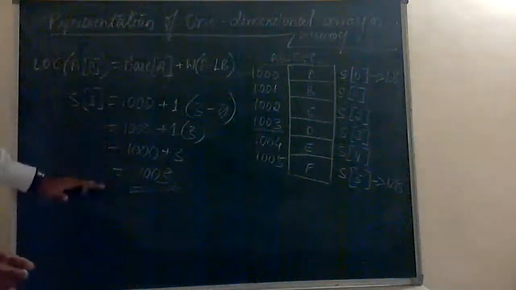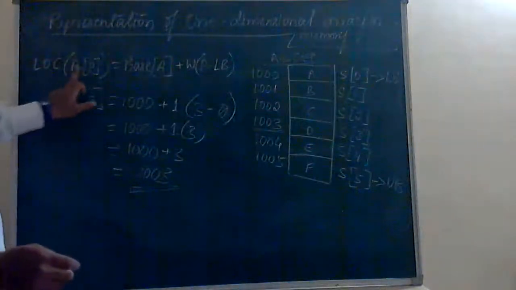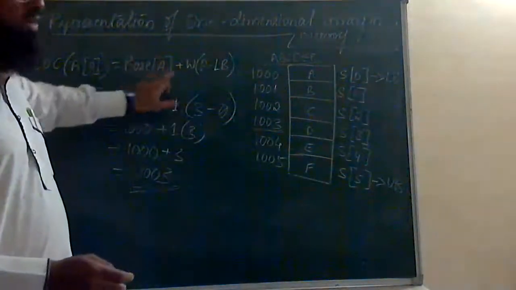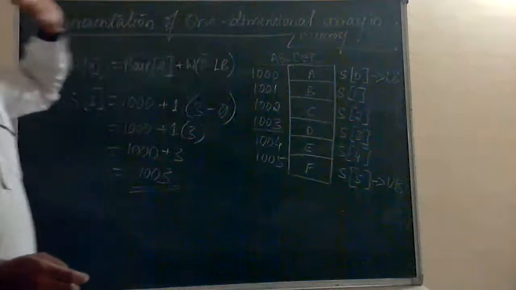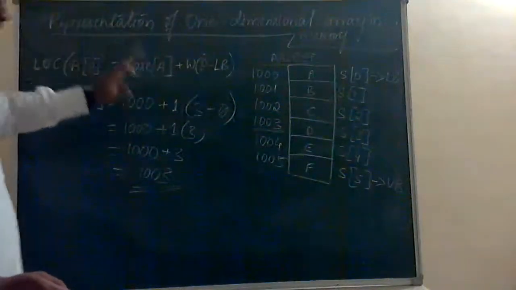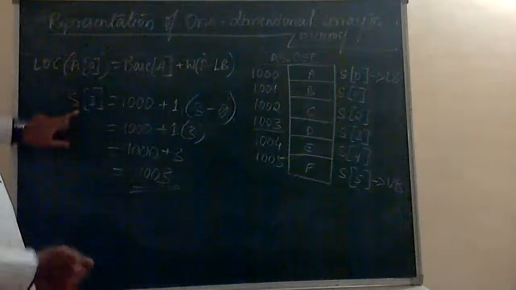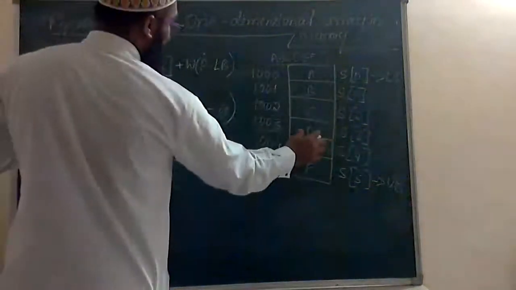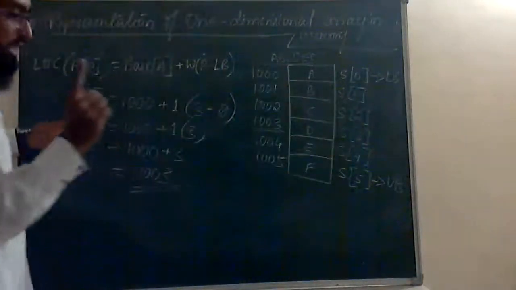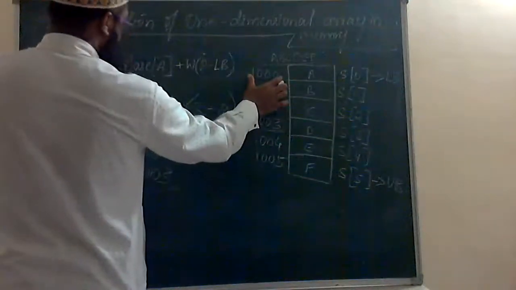Like this, representation of a one-dimensional array can be done with the help of a formula. Location of A of P is equal to base of A plus W into P minus LB. We have to apply it. A of P is the element which we search, S of 3. Base A is the location of the first element.